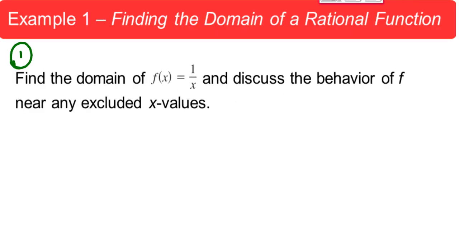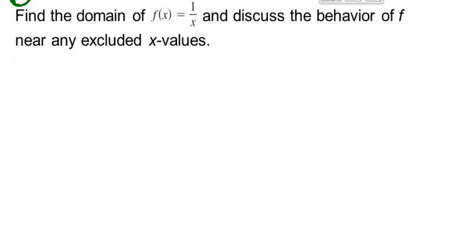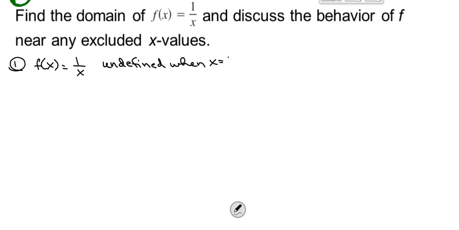So we're going to start with this function that we should be familiar with, finding the domain of f of x equals 1 over x, and discuss the behavior near any excluded x values as we look. So this is number 1. f of x equals 1 over x. As I examine this, it is undefined when x equals 0.